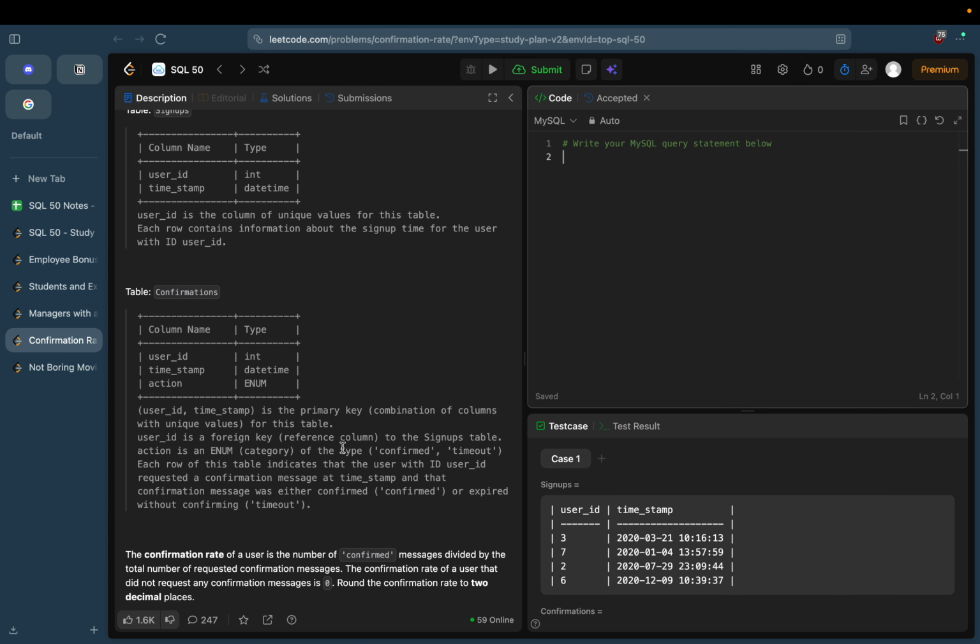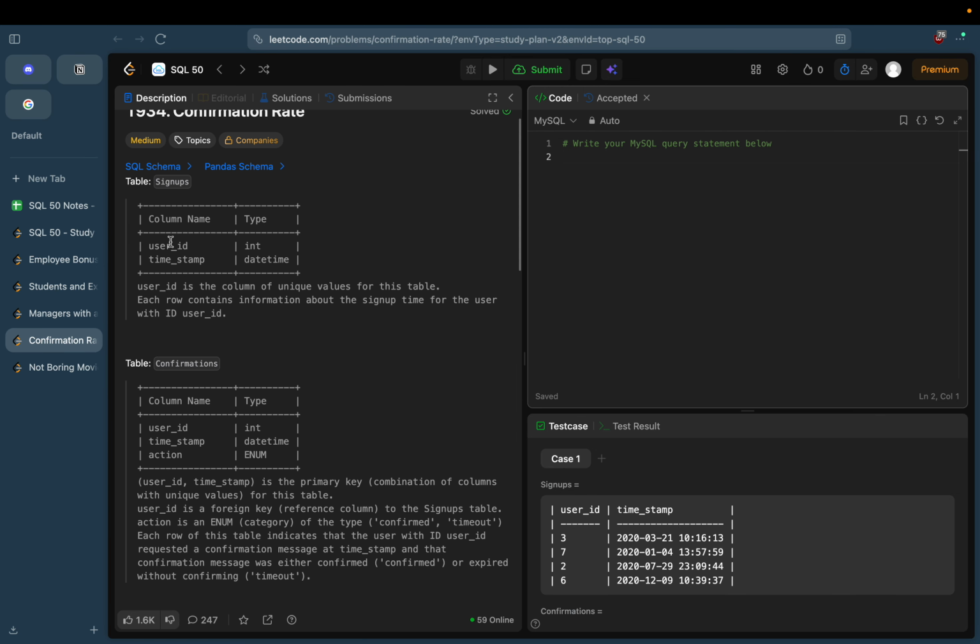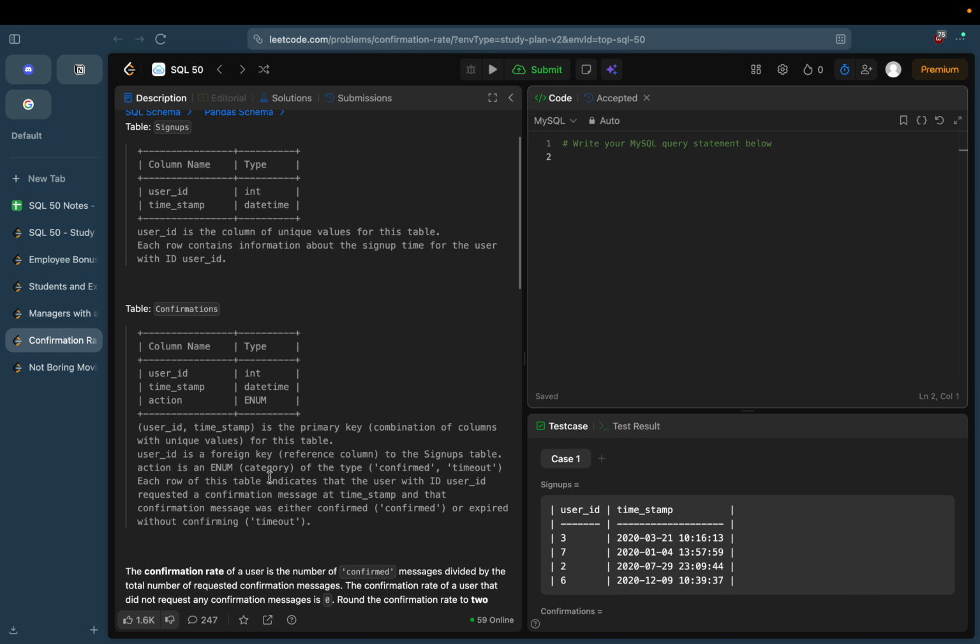User ID is the foreign key, a reference key to the signups table. Yep, this is the common column, definitely. Then we have action, which is an enum category of the type confirmed or timeout. Each row of this table indicates that the user with ID user ID requested a confirmation message at timestamp. That confirmation was either confirmed or expired without confirming, timeout.